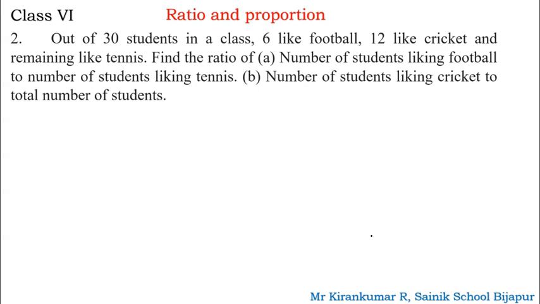The second sub-question is, find the ratio of the number of students liking cricket to the total number of students. Here, the total number of students in the class is 30.